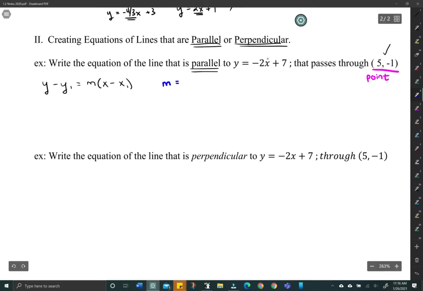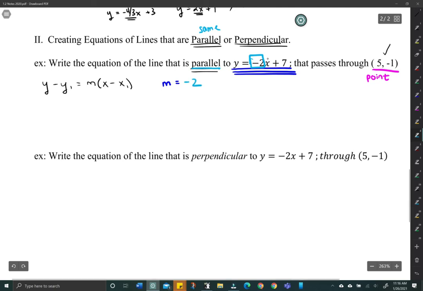Well, the slope of that blue line is -2. Parallel lines have the same slope. Therefore, we want to use -2. So we reference this line, we reference the slope in order to use it.